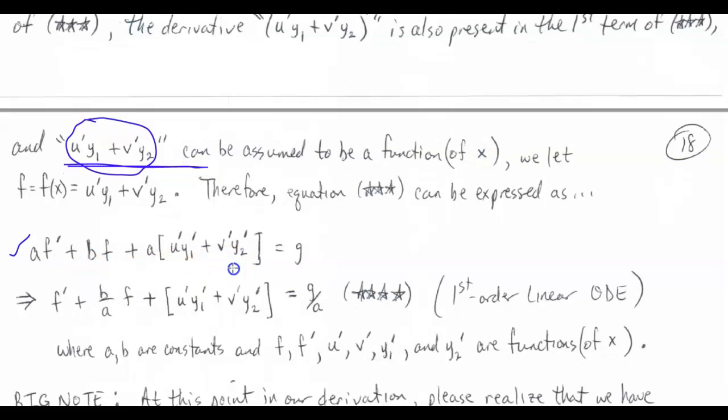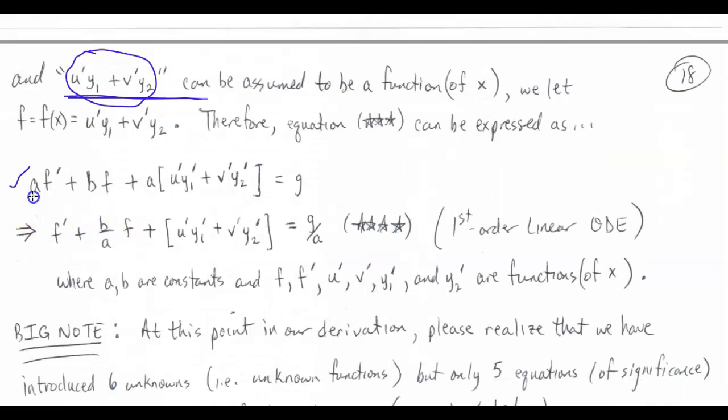Okay. And if I divide both sides by this constant a here, and I'm just assuming that it's a constant here, then I end up with this expression here. And this is technically a first order linear ODE. Now, it's not in the form that you're used to seeing, but it's there. Okay.